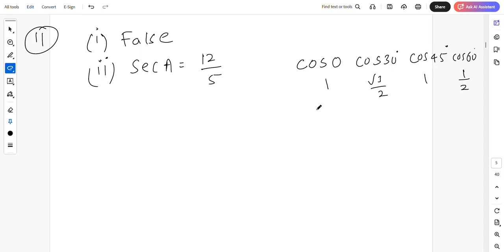Secant 0 degree is 1, and secant 30 degree is 2 by root 3.